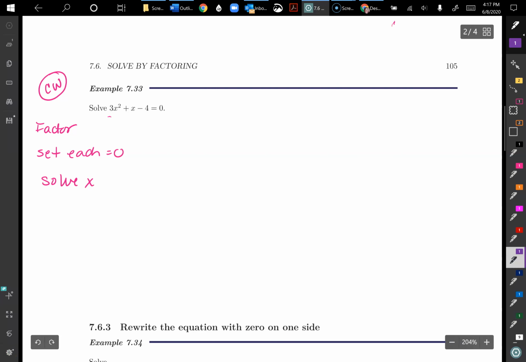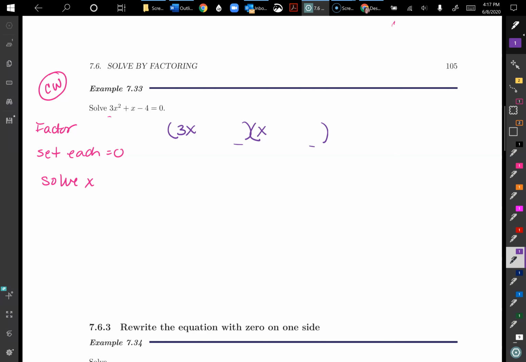So for the factoring on this one, I'm going to set up a 3x, that's my first term, times x. Those are my only two choices. For the last term, I could do a negative 4 and a positive 1, or vice versa, or a negative 2 and a positive 2.